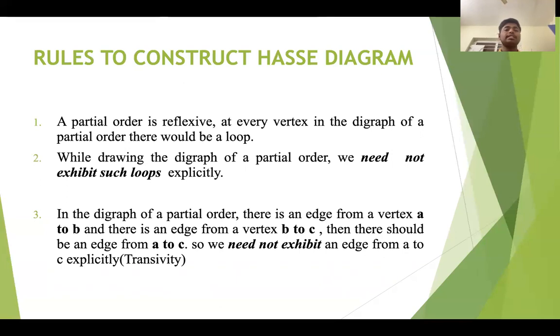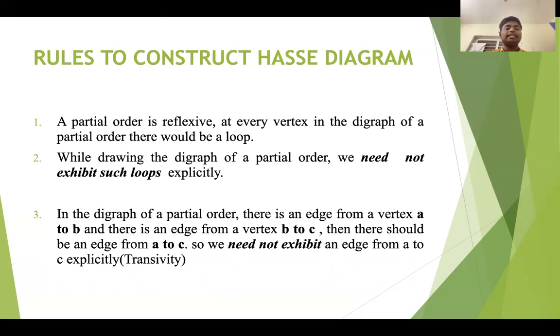Rules to construct a Hasse diagram. A partial order is reflexive. At every vertex in the diagram of a partial order, there would be a loop. While drawing the diagram of a partial order, we need not exhibit such loops explicitly.